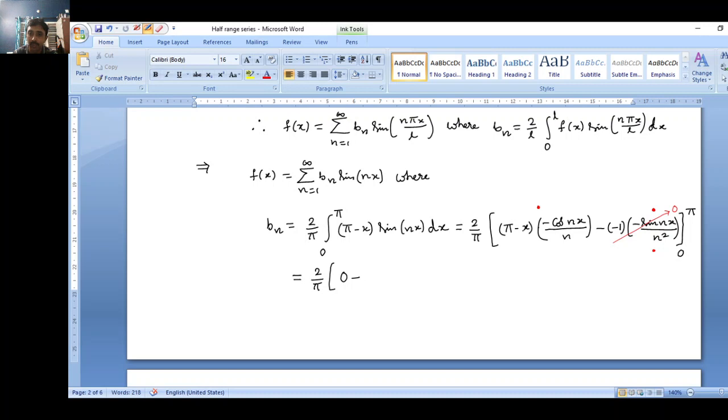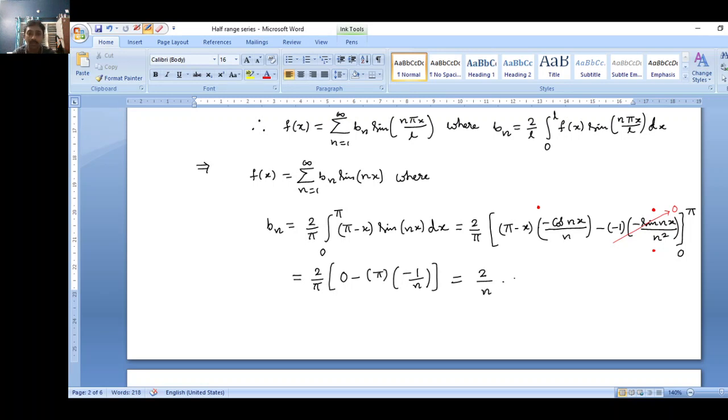Now when you take x equal to 0, you see that this would be pi into, what do you get here? Minus cos 0 is going to be 1, right? And this will be minus 1 by n as such. So upon simplification, this will turn out to be simply 2 divided by n.